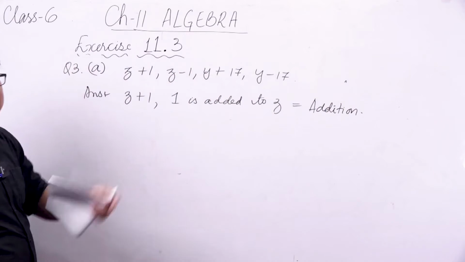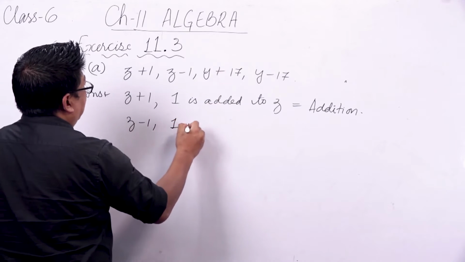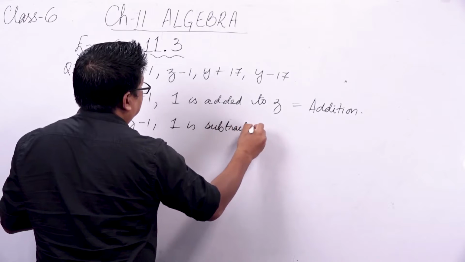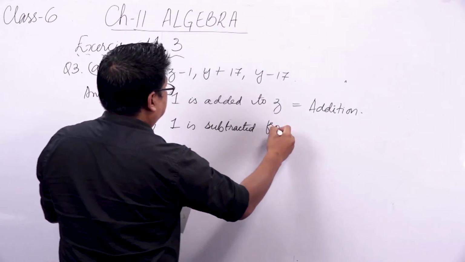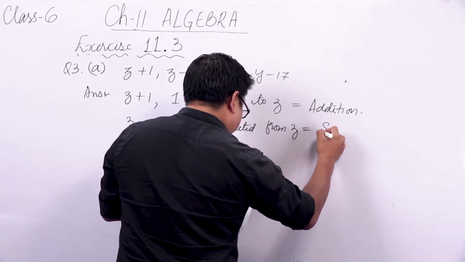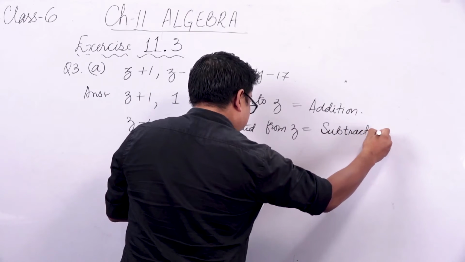So here addition is taking place. Z minus 1, 1 is subtracted from z, right? So it will be subtraction.